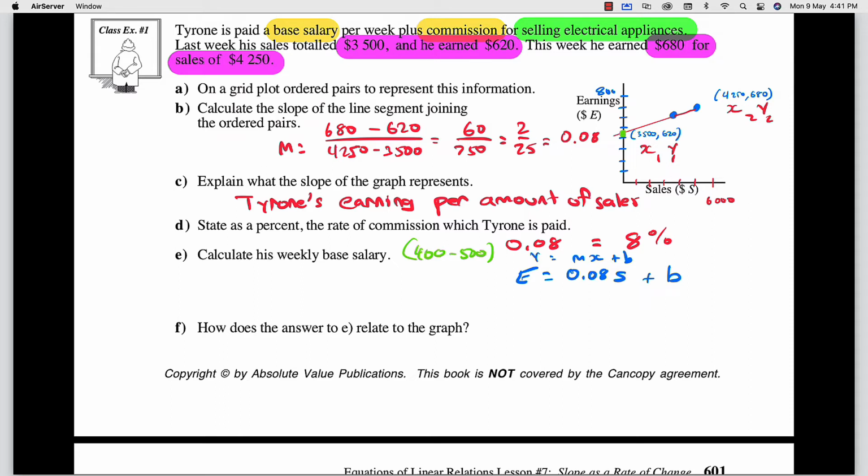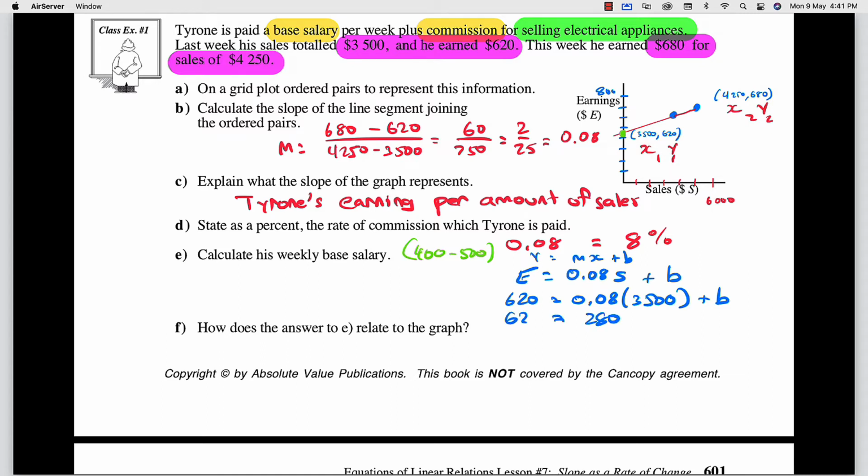Okay, so E is the y, which I'll just use point number 1, which is 620. So 620 equals 0.08 times S, which is 3,500 plus B. Let me turn on my calculator, and 3500 times 0.08 equals 280.